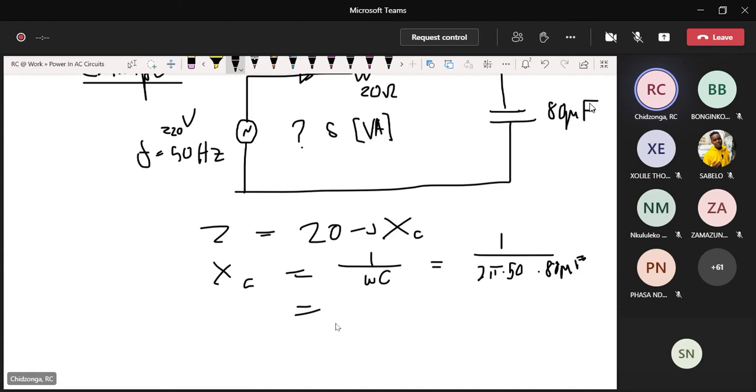Sabelo. Okay, my calculator time. That is 80 microfarad.